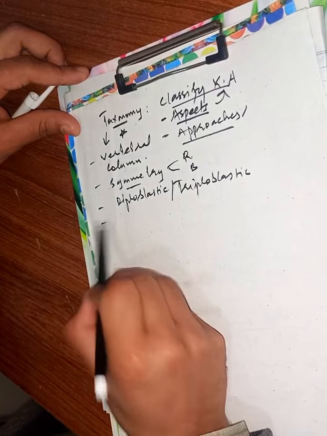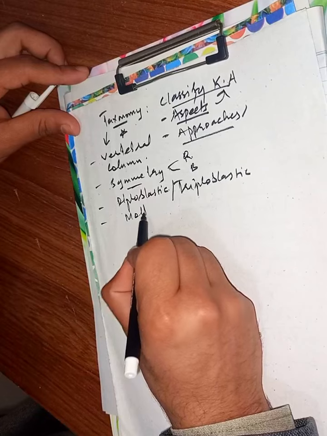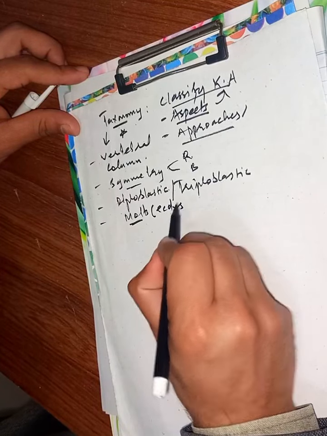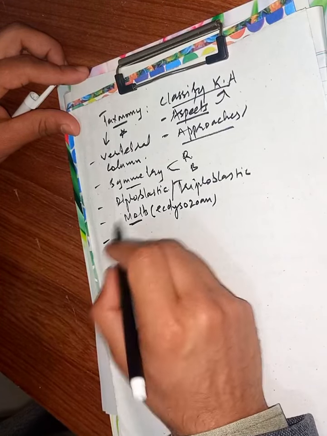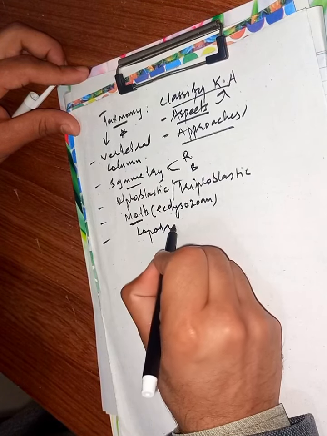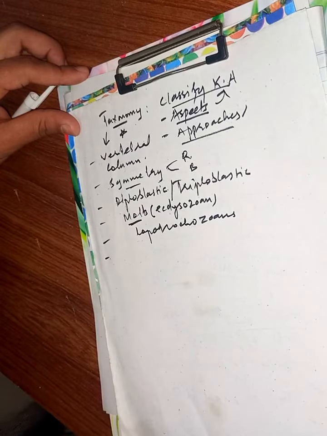You can also say whether this animal molts, which we call ecdysozoa, or does not molt, which we call lophotrochozoa.